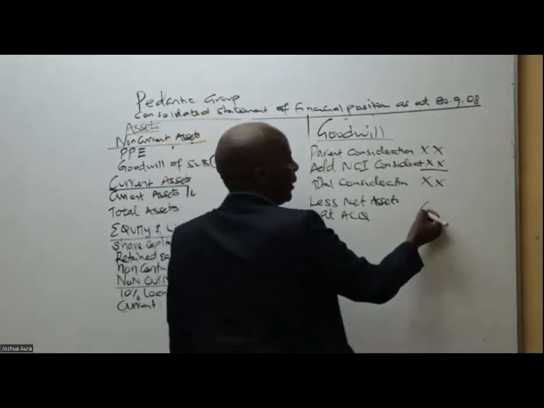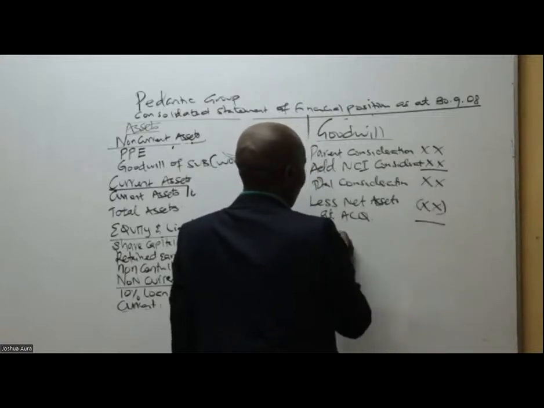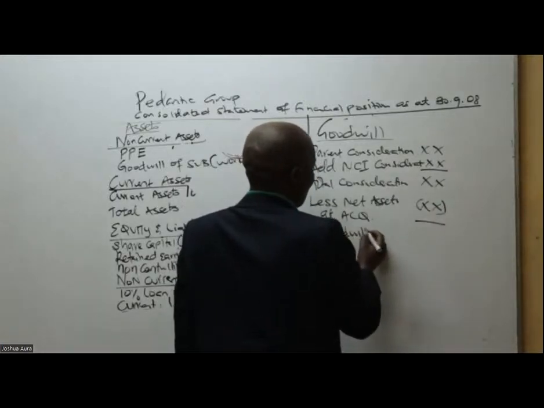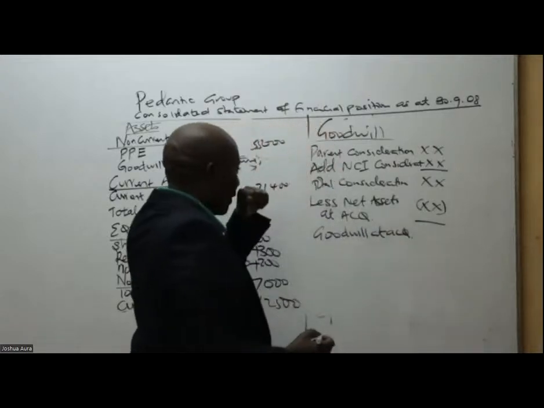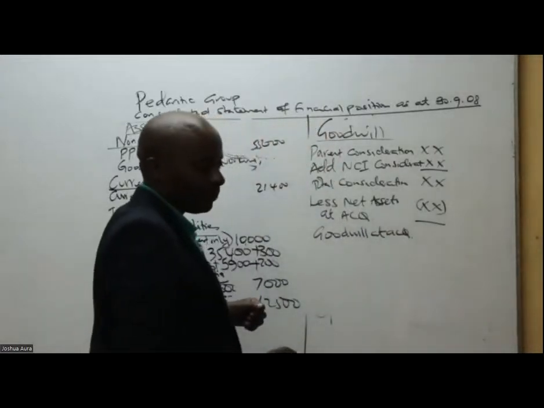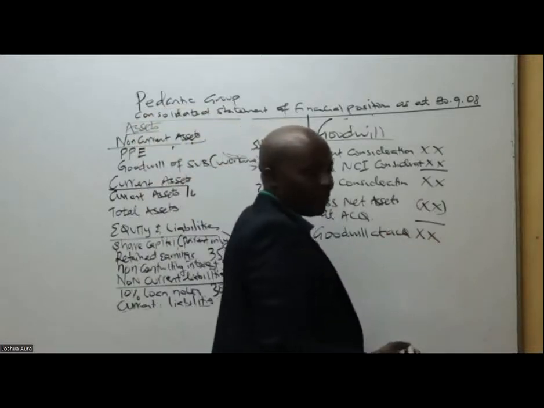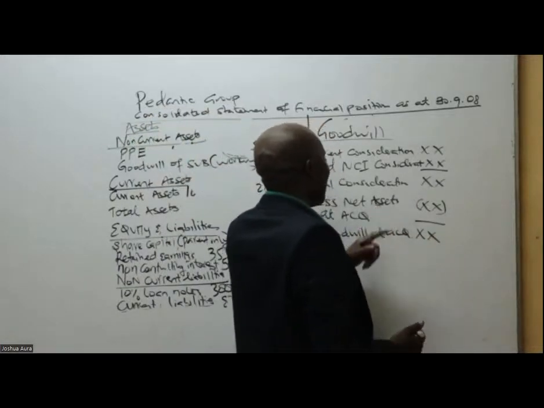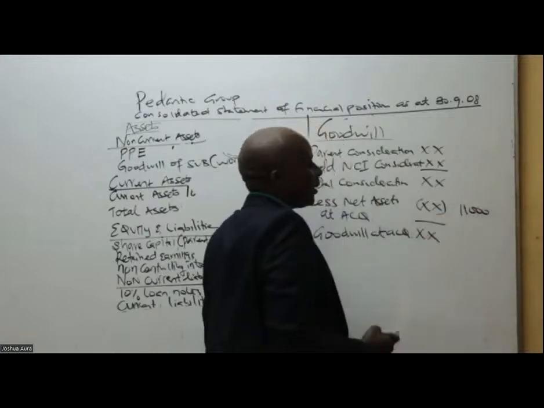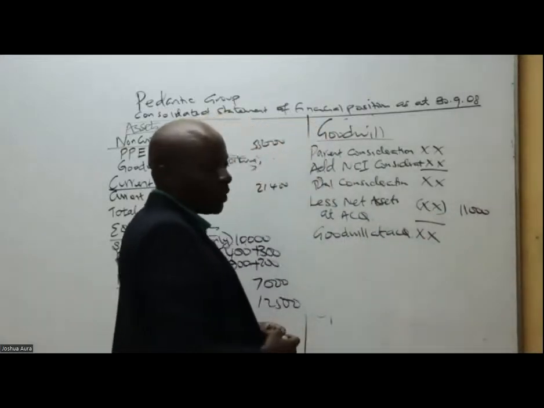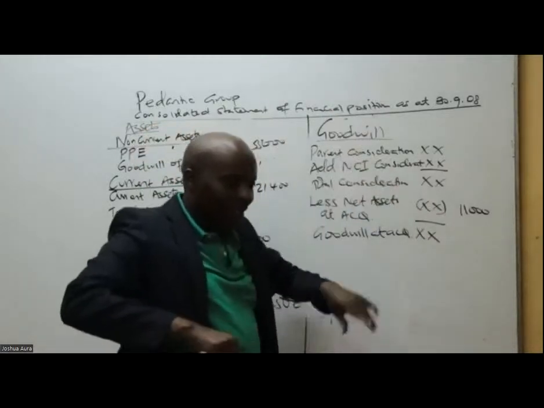And then whatever you shall get here will be called Goodwill at acquisition. Net assets at acquisition, I can remember 11,000. Are we able to remember these net assets, the table we drew at acquisition?